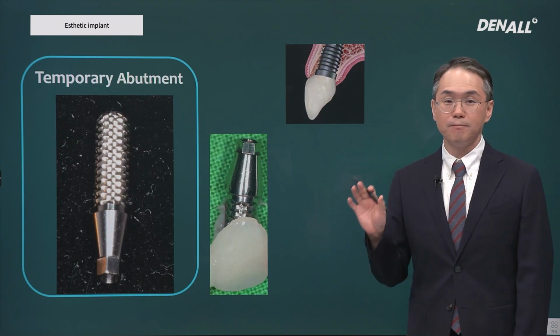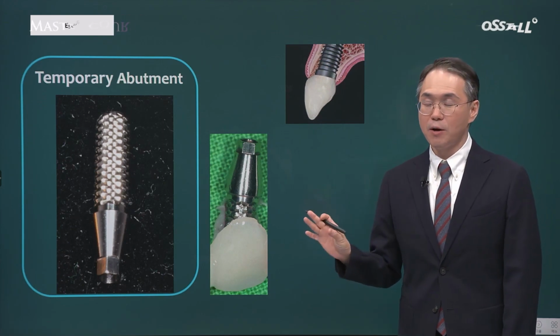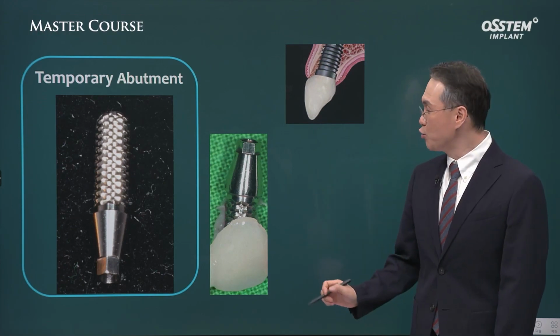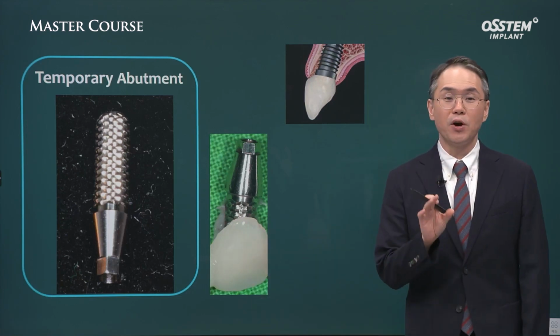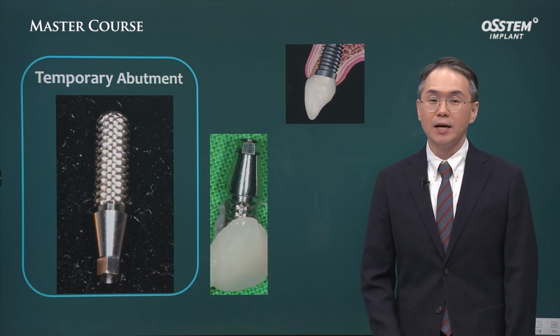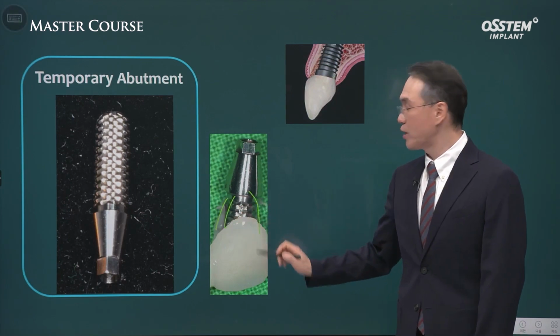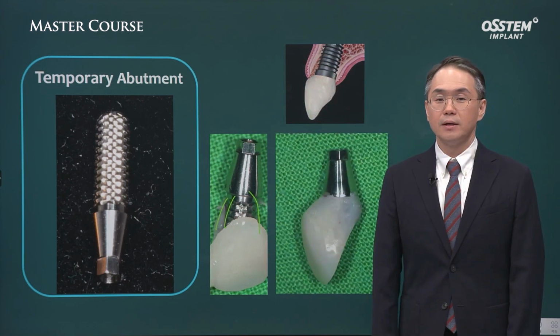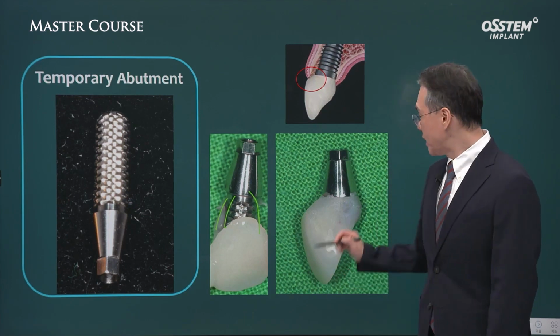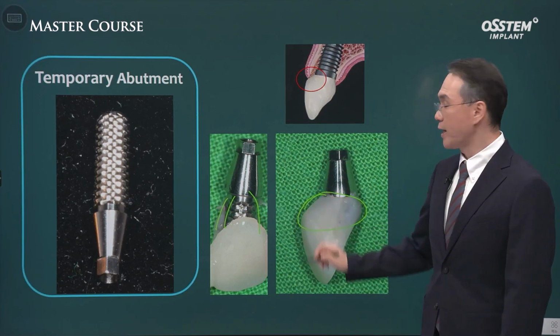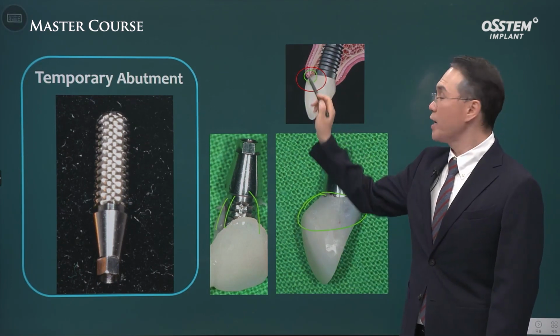The temporary abutment can be connected after implant placement, and the temporary shell that has been prepared ahead is attached to the temporary abutment. And extraorally, you would adjust the contour. In order to support this area, the cervical contour of this area is very important.